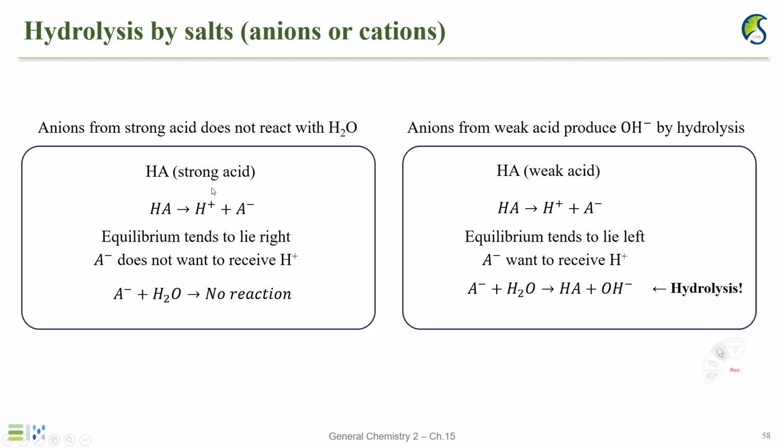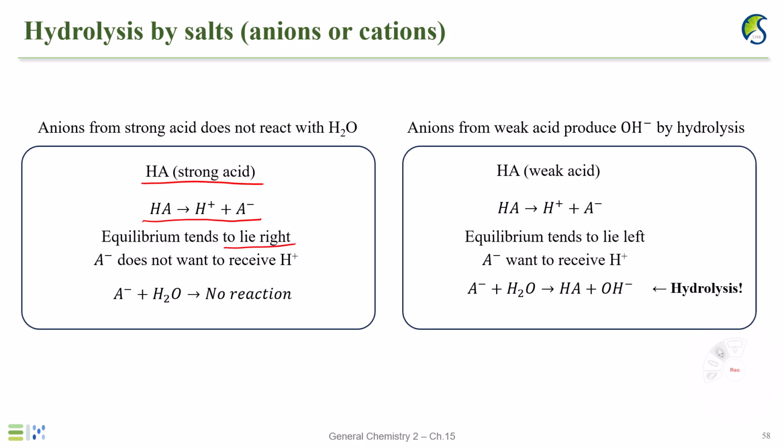Every concept and every problem about strong acid and strong base is very easy. Nothing special is going to happen in the case of strong acid. For example, let's suppose that this HA is a strong acid. Then you would expect almost 100% of HA to be dissociated into H plus and conjugate base A minus, and the equilibrium tends to lie right.